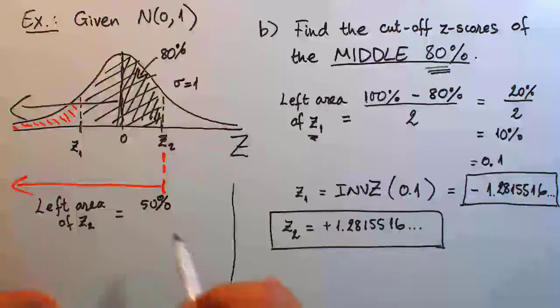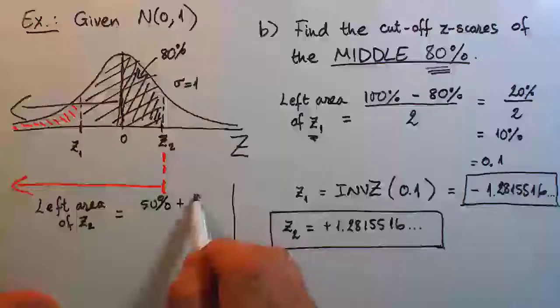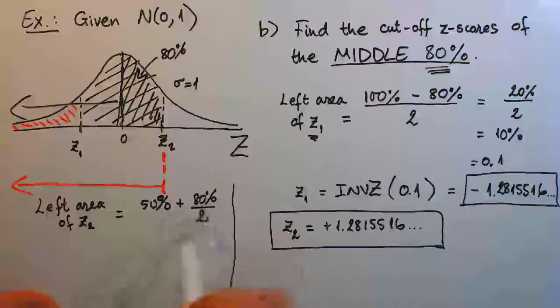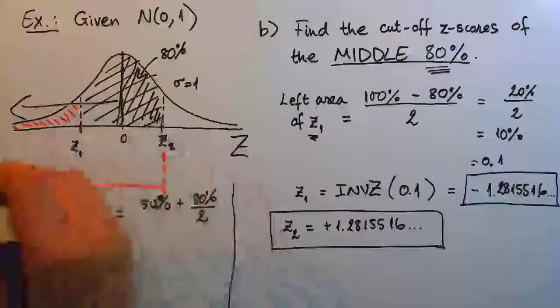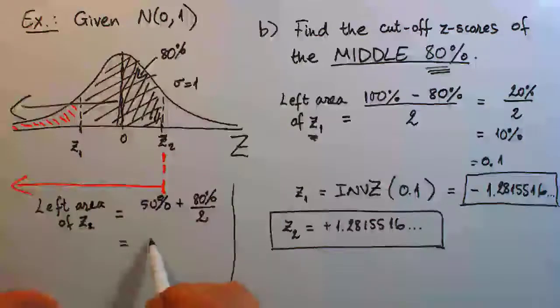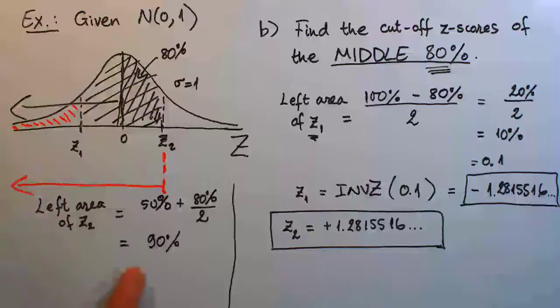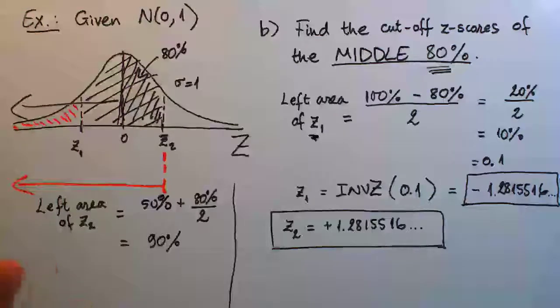So I'm going to add half of the 80: 50 plus 80 over 2, so the total area shaded to the left of Z2 is 90%.